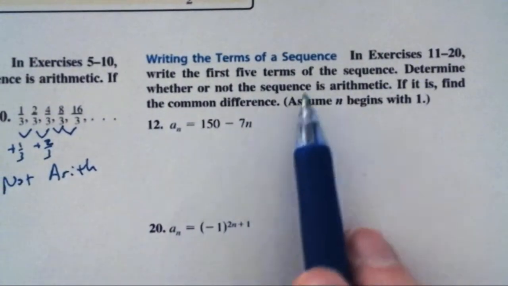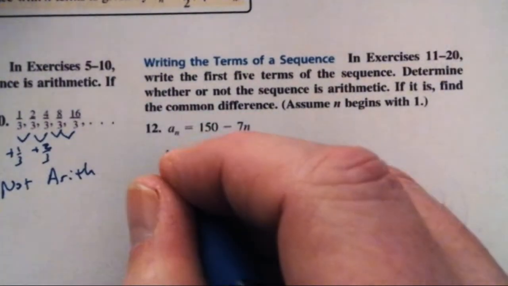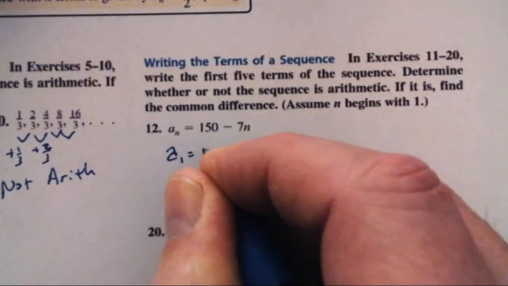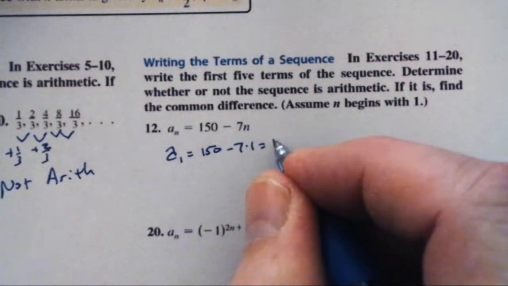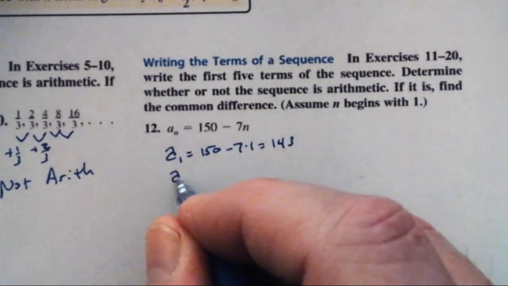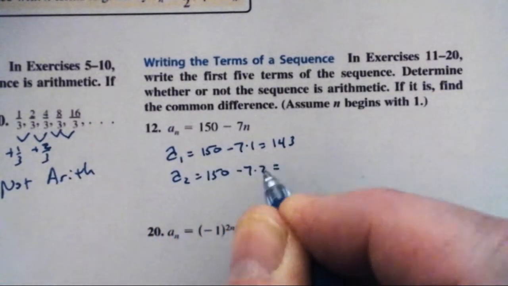11 through 20, write the first 5 terms of the sequence. Determine if it's arithmetic. So, a1 is 150 minus 7 times 1, 143. a2 is 150 minus 7 times 2.